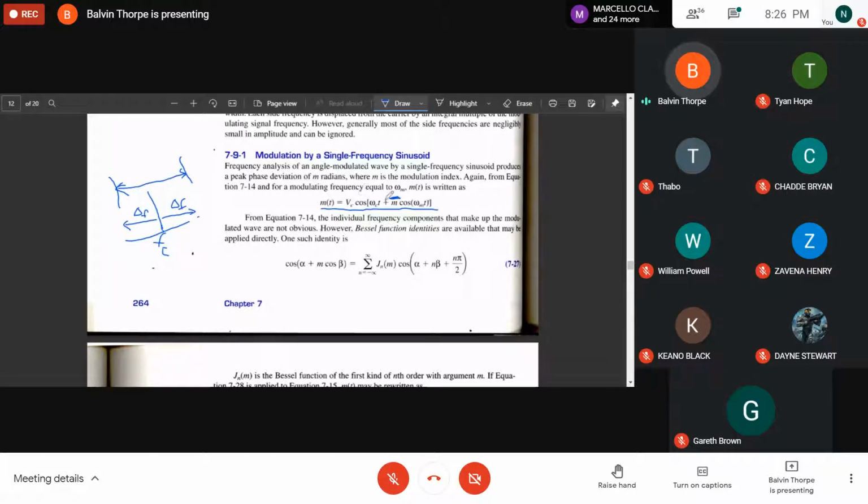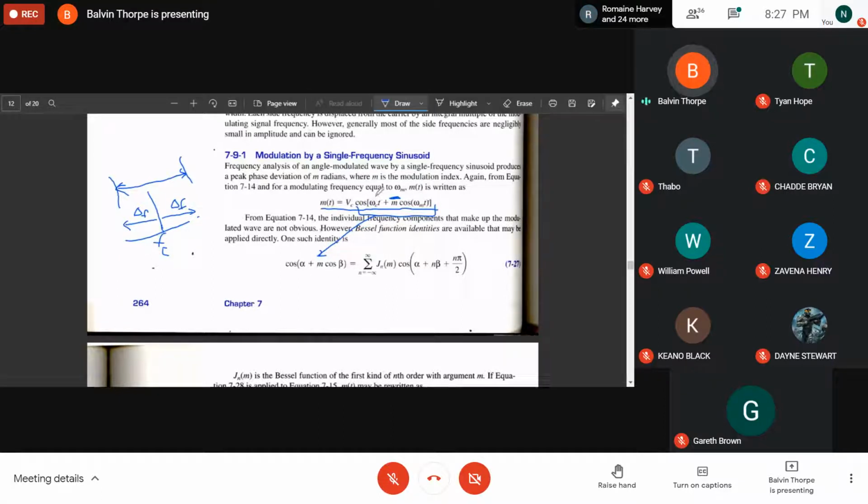This expression mathematically can be broken down into, so what's here? Right here. Can be represented by this function. And this function, if you notice, is the same thing.